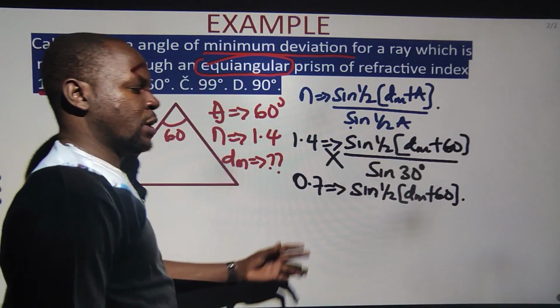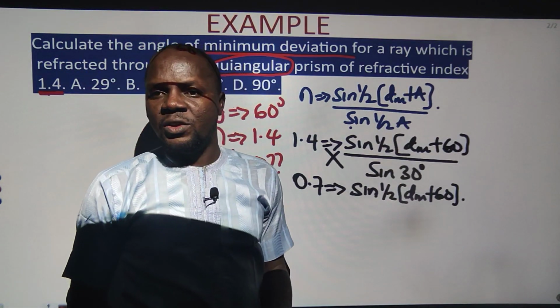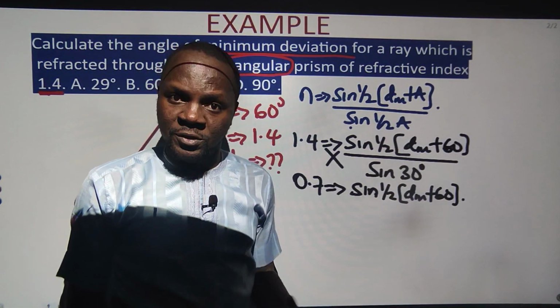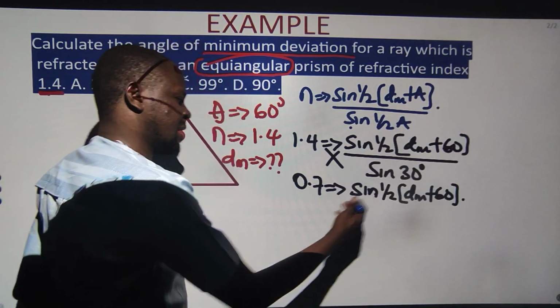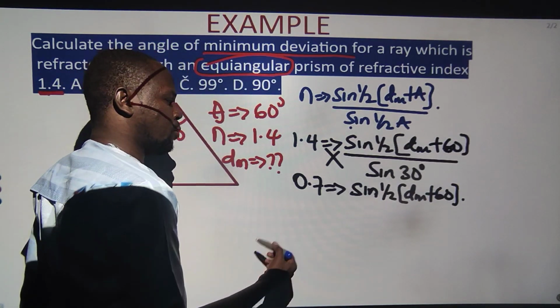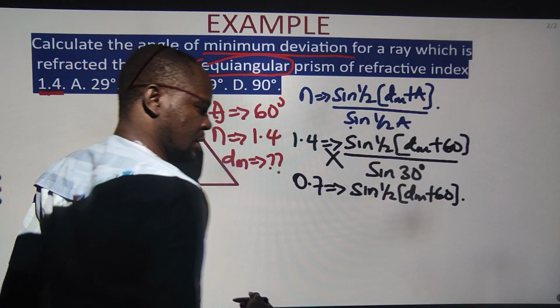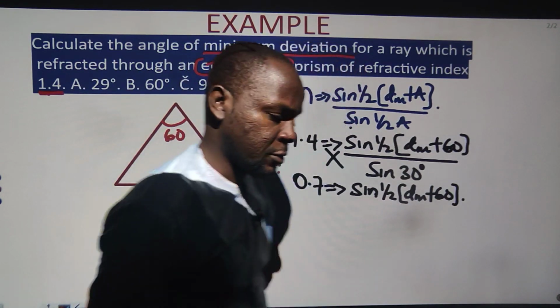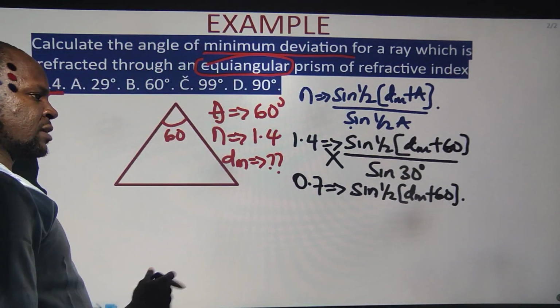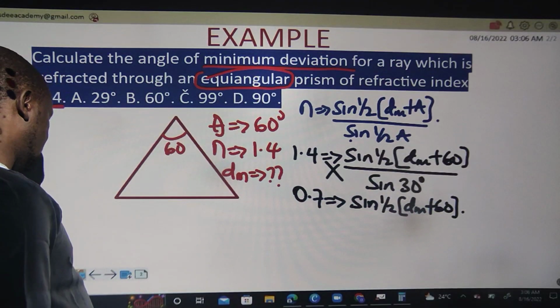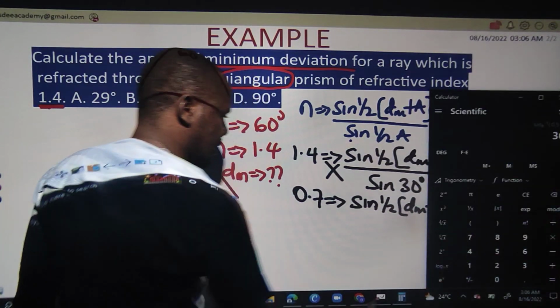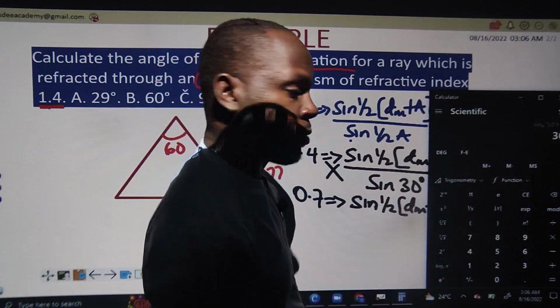Before you can do anything here, to remove sine, you are going to take sine inverse of both sides, the mathematics way. So sine inverse of 0.7, I don't know. Let me bring out a scientific calculator. Let's take arc sine of 0.7. I hope it is visible.